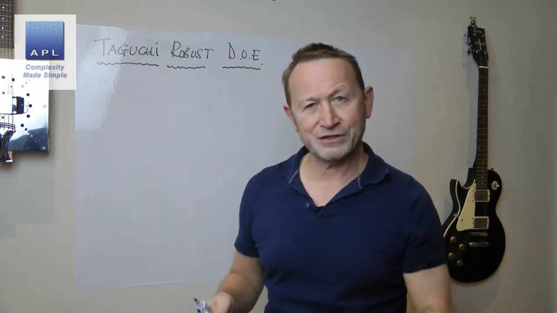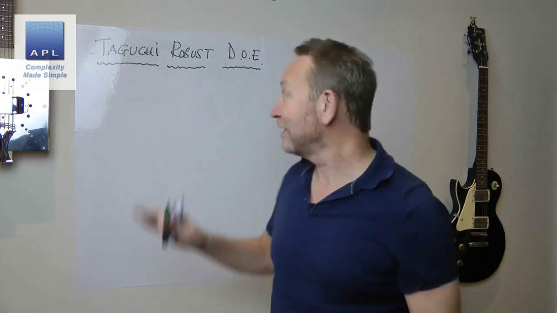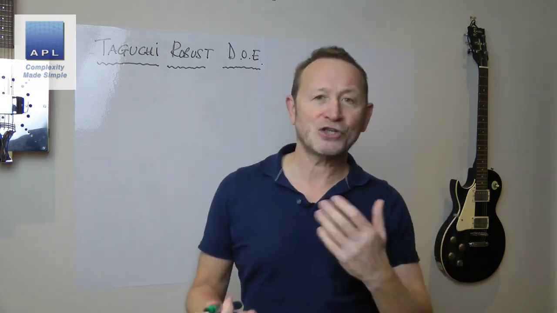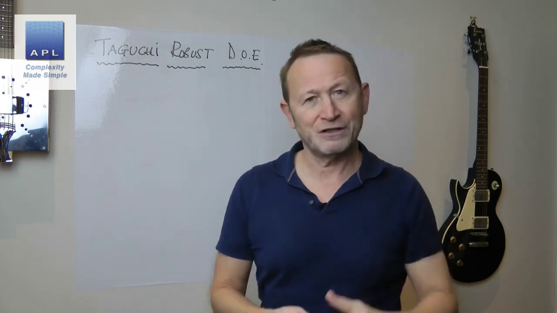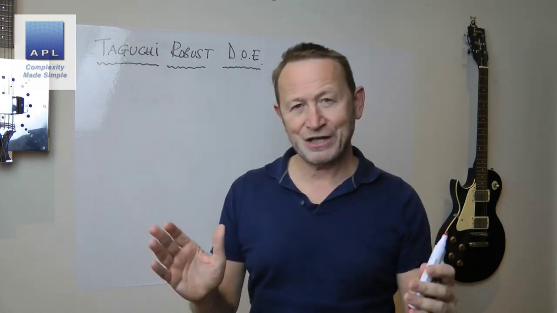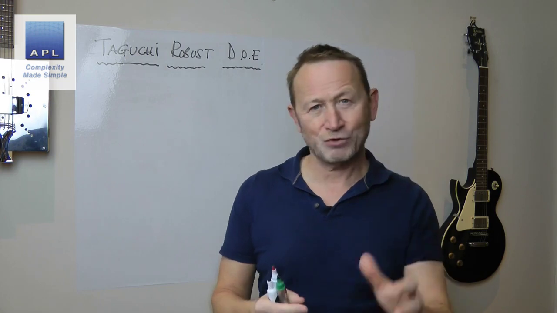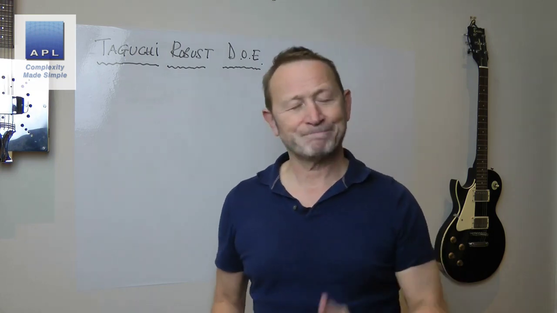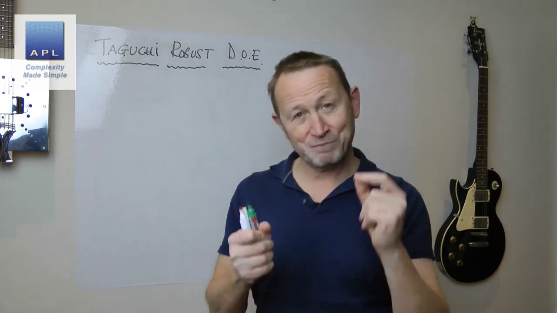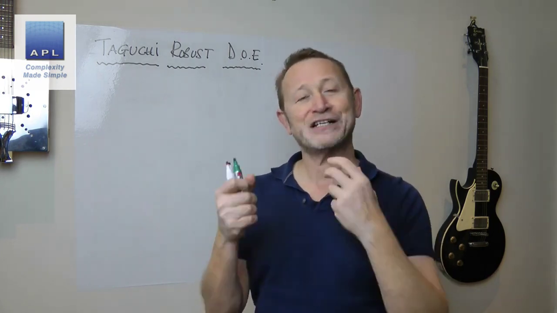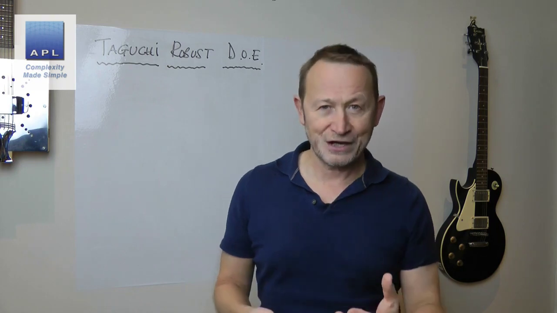Now, the important thing about this is that it doesn't need a Taguchi based DOE pattern to be run. You can do this with any DOE pattern, a full factorial, a half fraction. You can use the Taguchi screening DOEs, the L12, the L8. You can do this with any pattern you care to do, because it's just a special method of setting up the DOE.